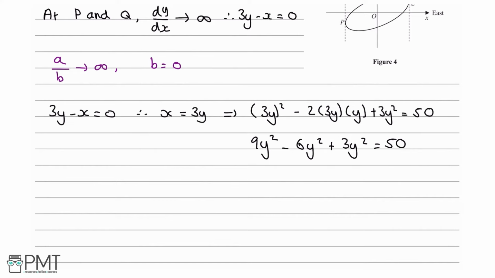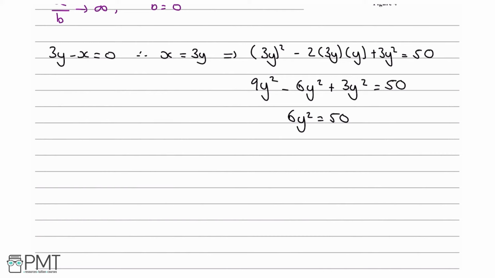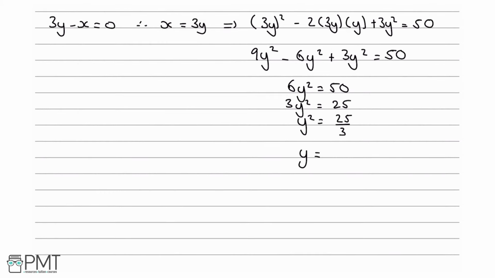So we end up with 6y squared equals 50. Dividing both sides by 2, we get 3y squared equals 25, and y squared equals 25 over 3. So y equals plus or minus 5 over root 3, and rationalizing our denominator we get y equals plus or minus 5 root 3 over 3.